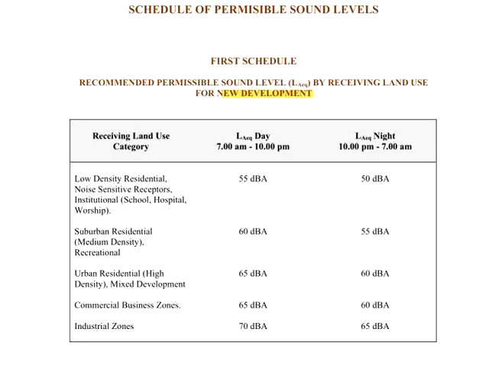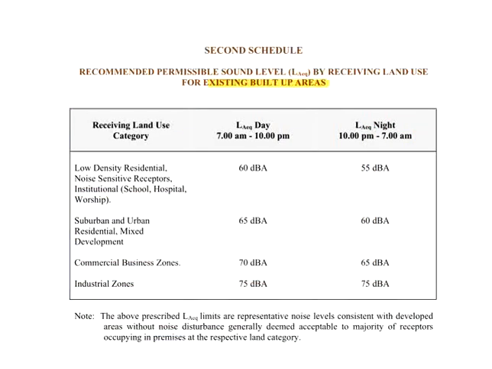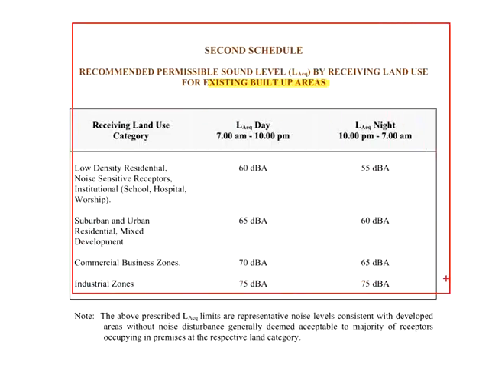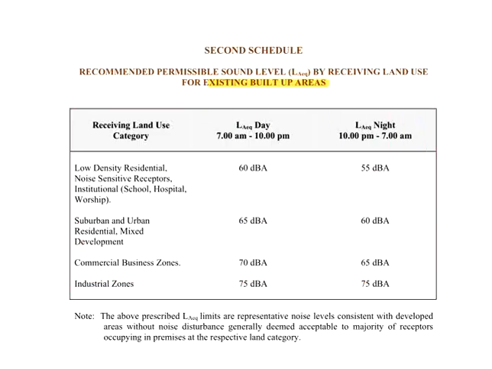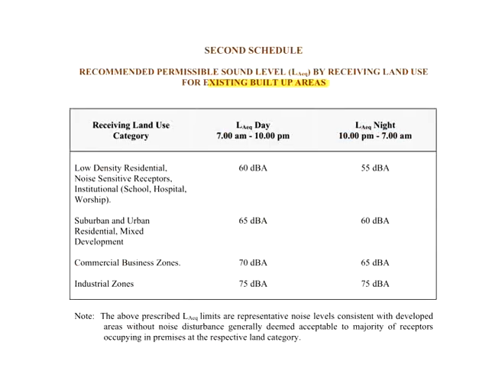What you see here, you will need to know which schedules to be used for your development. If you are referring to the new development, we are looking at the first schedule. And then for the existing built-up areas, the second schedule shall be referred. Your ultimate goal here is to ensure the limits as specified in the first schedule and the second schedule are not exceeded.